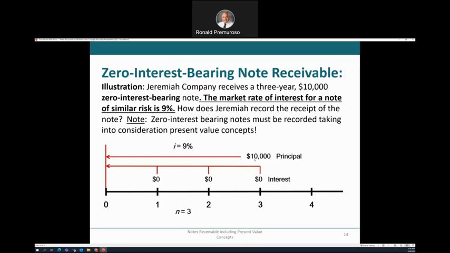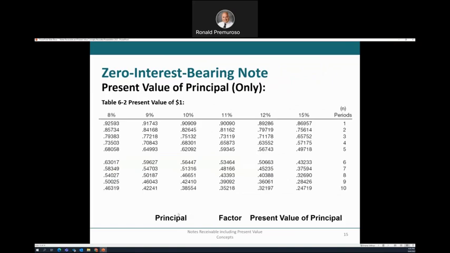We're going to receive 3 years from now a $10,000 principal amount, and the market rate's 9%, and the period of time covered by this note agreement is 3 years. So we only have to multiply the $10,000, the principal amount, times the factor where the market rate is 9% and the number of periods is 3 years.